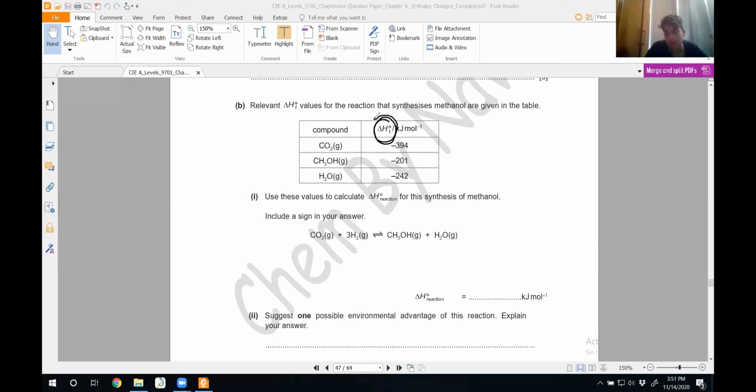Remember this: formation means the arrows will point towards the product, towards the compounds. And if it's combustion, it's going to go away. And always try to form a triangle.